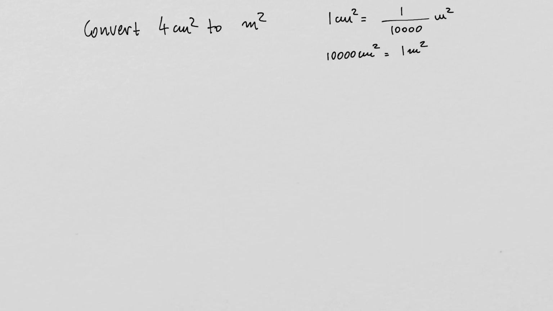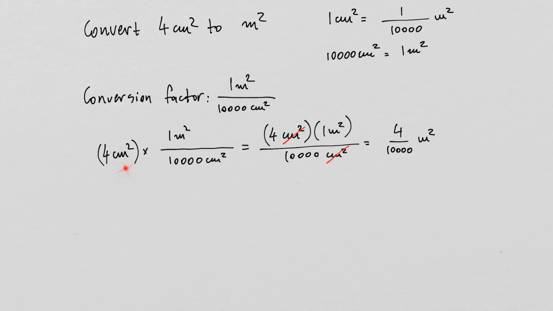So here, centimeters squared are the old unit, and meters squared are the new unit. Since centimeters squared are in the numerator, that means that in the conversion factor, they have to be in the denominator. So the conversion factor for this conversion will be 1 square meter divided by 10,000 square centimeters. So 4 centimeters squared times 1 square meter divided by 10,000 square centimeters, that I can rewrite as 4 square centimeters times 1 square meter, the entire thing divided by 10,000 square centimeters.